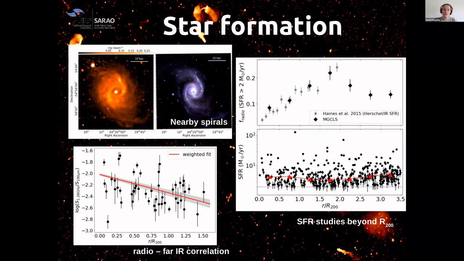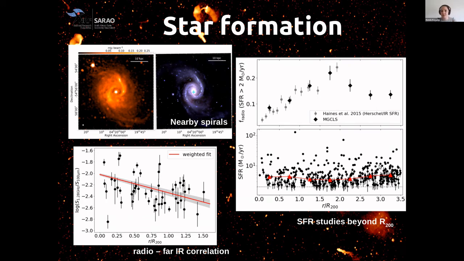So those are individual galaxies and AGNs, rather, but you can also do star formation studies. And a big chunk of this has been led by Matt and Cabello at UKZN on the star formation rates. But we've also had people looking at the radio far-IR correlation within Abell 209. And Matt and Cabello so far have looked at Abell 209 and will be extending the study to other clusters in the survey.